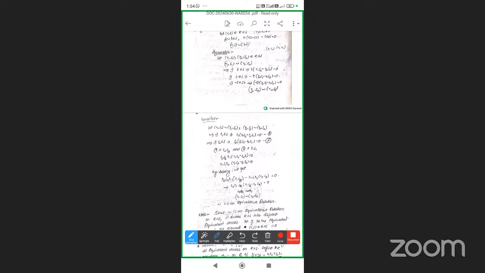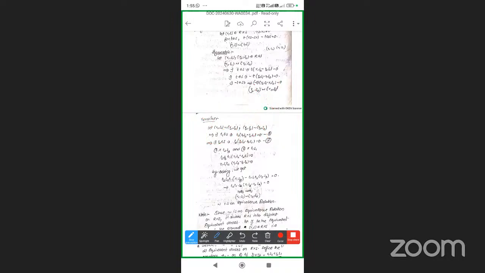There exists t belonging to S such that t(r1s2 minus r2s1) equals 0. Then there exists minus t belonging to S such that minus t(r2s1 minus r1s2) equals 0. And this is the relation (r2, s2) is equivalent to (r1, s1).